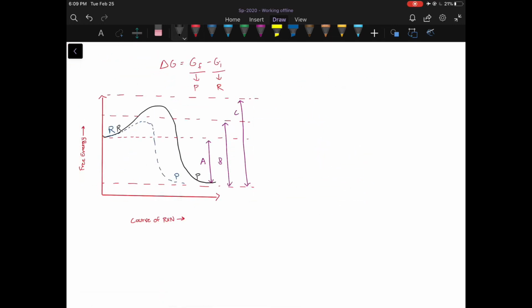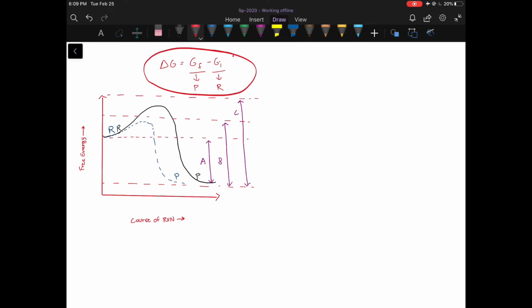So this was a clicker question that was in lecture today, and it asked which of the following arrows shows a delta G for both reactions. To determine this, we can write down our delta G equation: G final minus G initial.